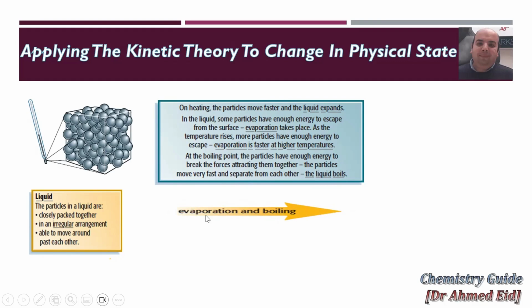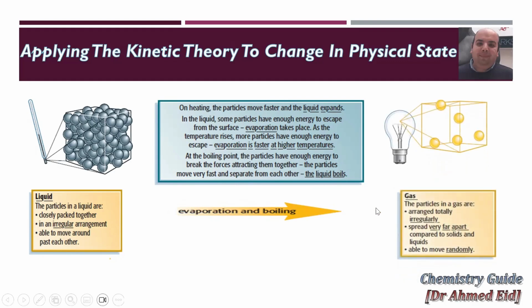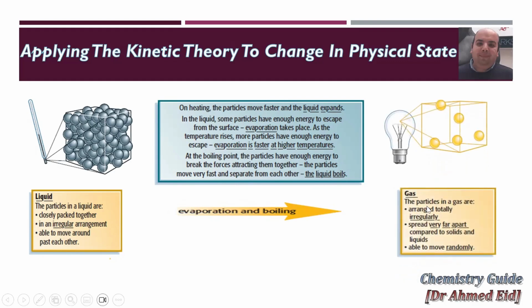Evaporation occurs at any temperature, boiling occurs at a specific temperature in the case of a pure substance. When we talk about gases, the gas particles are arranged totally irregularly, spread very far apart, not close to each other like this one, compared to solid and liquid, and able to move randomly.